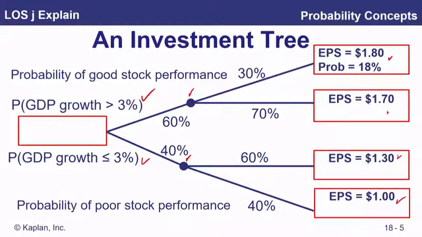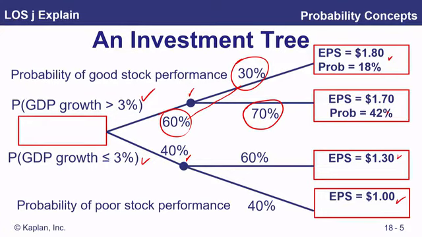So we can get our probabilities. We get the 18% just by multiplying out this way. 0.6 times 0.3 gives us an 18% probability of that earnings per share. And what will our next number be here? Well, 0.6 times 0.7, we're going to fill in 0.42. We're going to get 42% probability there.